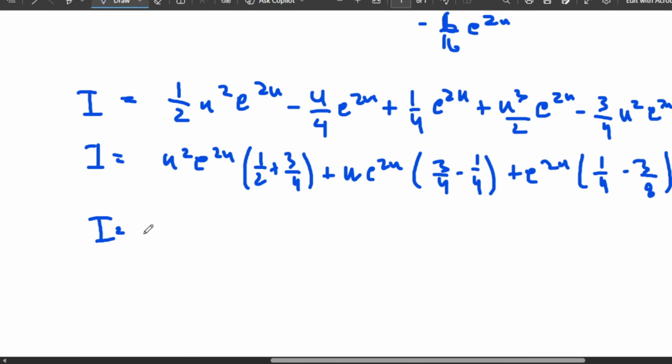Simplifying this, we will have u squared e^(2u) times 5 over 4.